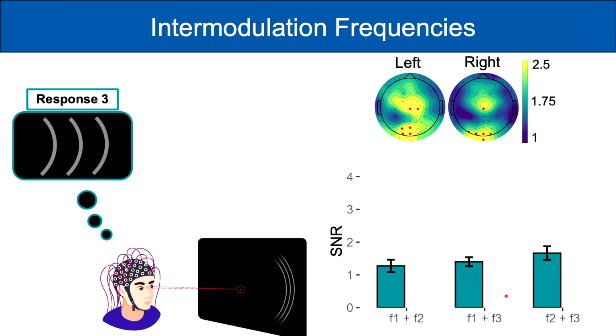When participants perceive 3 items, we see no differences across the signal-to-noise ratio of intermodulation components, suggesting individual items were processed and there was no integration.